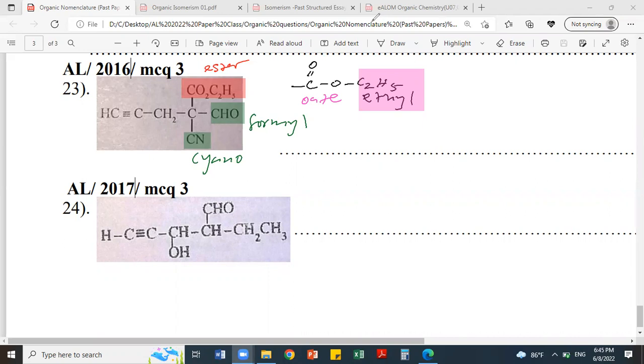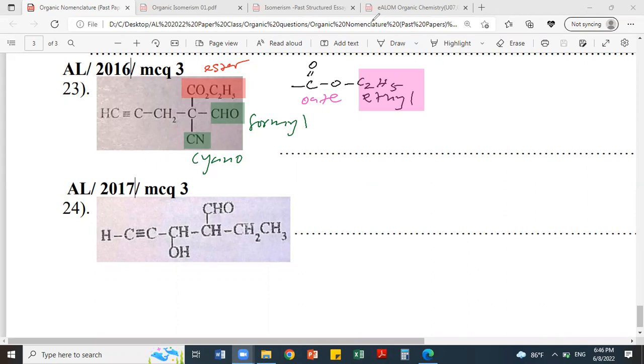Now, don't write one ethyl. Ethyl you have to take at the very beginning, separately, without a number, because it's not attached to the first carbon directly. Can you check the previous ester, Sishan? You write just ethyl at the beginning of the name without writing any number, because it's not attached directly to any carbon. Can you see that I have highlighted the O and ethyl separately, Sishan? So you write ethyl and then a space.